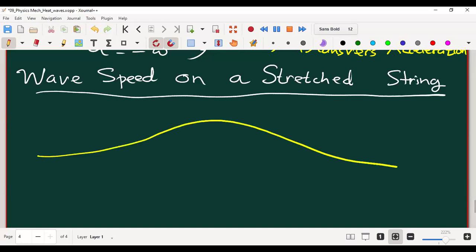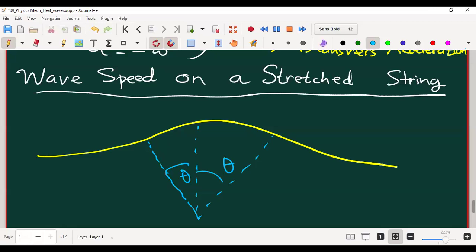Here is the radius. This is theta, the angle is theta.